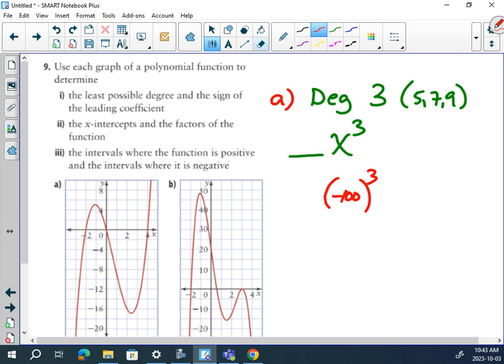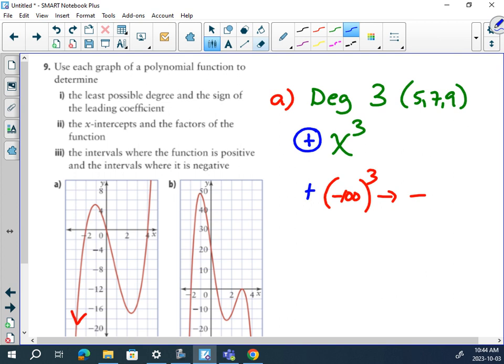It gives me a negative value, which means that down here, I'm going to have negative values naturally just from the x cubed, so I don't need anything in front of it. Or if I do have something in front of it, it would have to be a positive number because we don't want it to change my value. My graph shows that I should get a negative. The calculation with an x that is negative 100 automatically gives me that negative, and so any number out front that's going to be there would be positive.